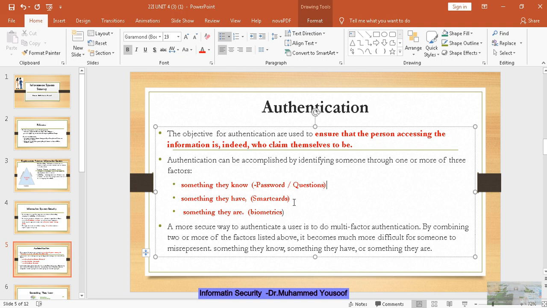The second one is what? You have some card. For example, I wanted to give you another example of the card. In any supermarket, the cashier makes the bill. Then the cashier makes a mistake in billing. Then they ask the manager. The manager comes with a card. When he swipes the card, he actually acts as a supervisor.